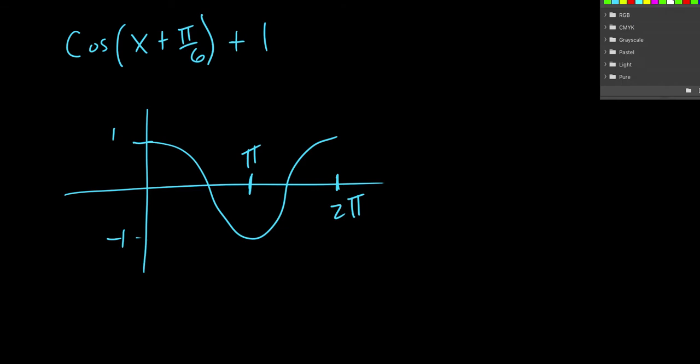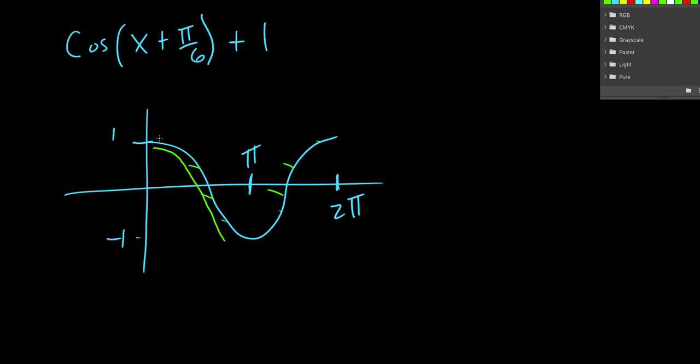So we're going to move left by pi 6. So this goes left. Kind of think of it just moving left. We just want to follow this curve, but kind of behind it.